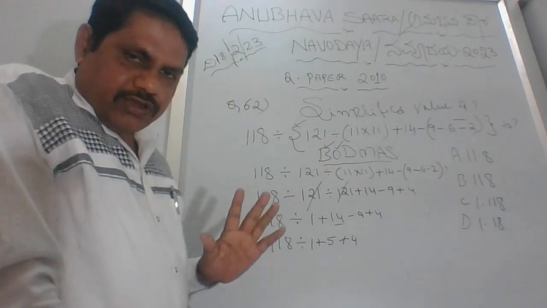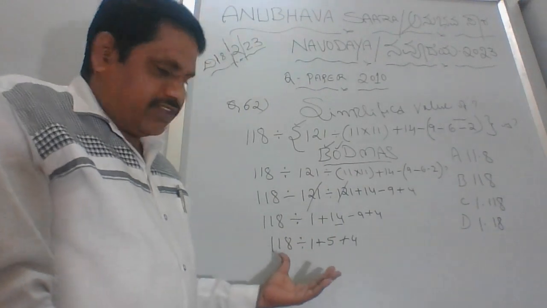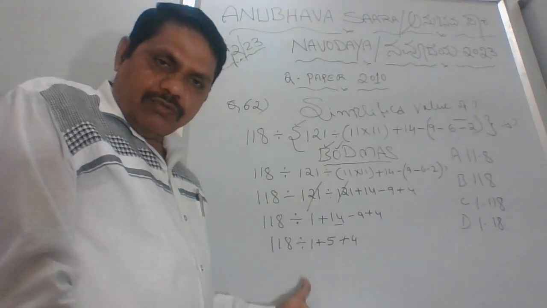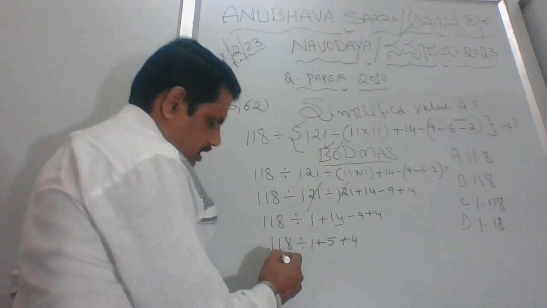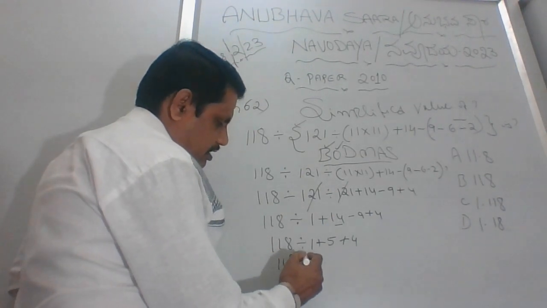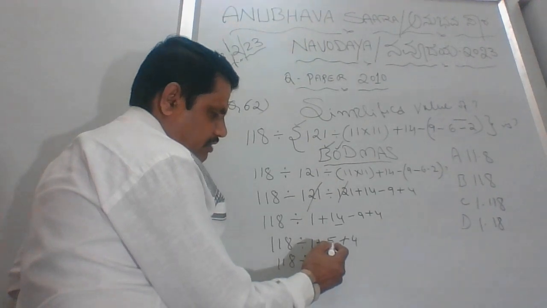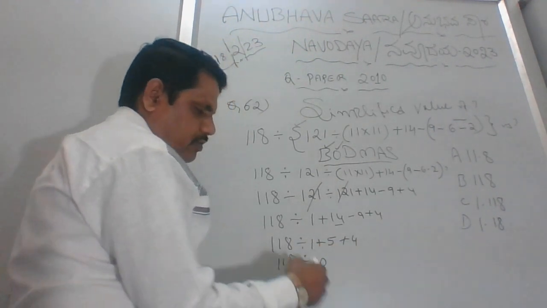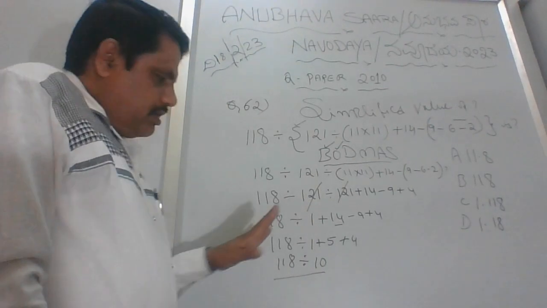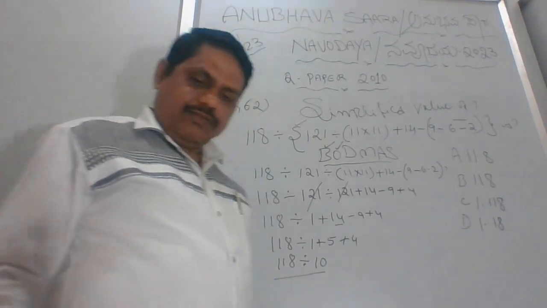I'll explain once again, or else I'll finish the next step and explain from the beginning, then it's easy for you to understand. Let us do that. 118 divided by 1, plus 5 plus 4 is 10. We'll go with the next step later.